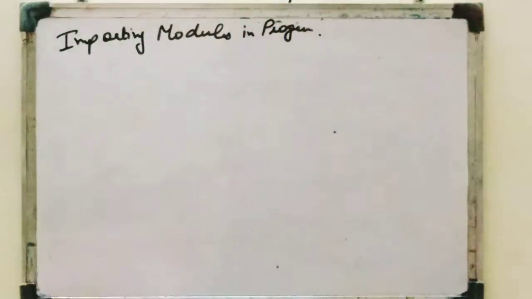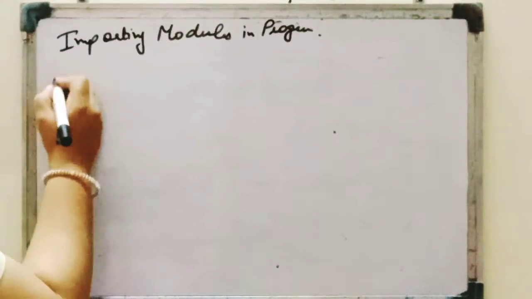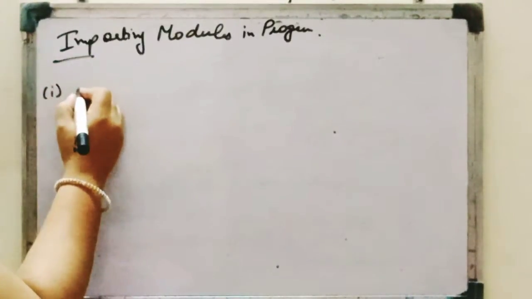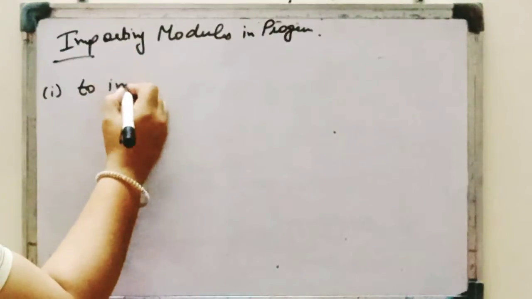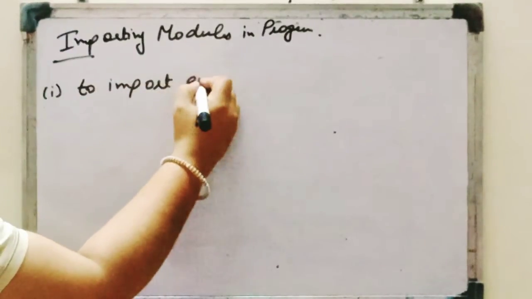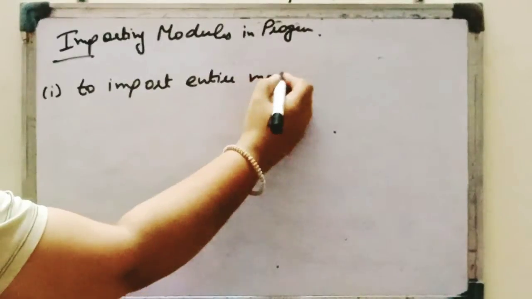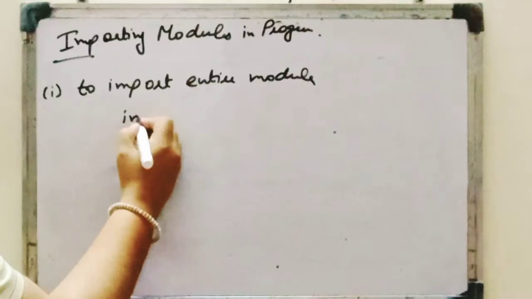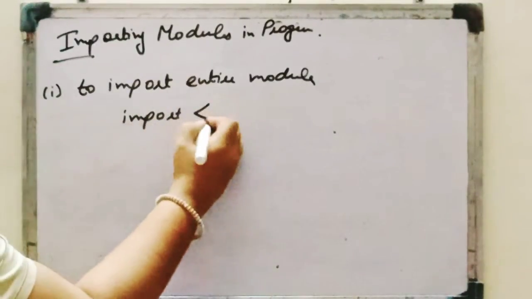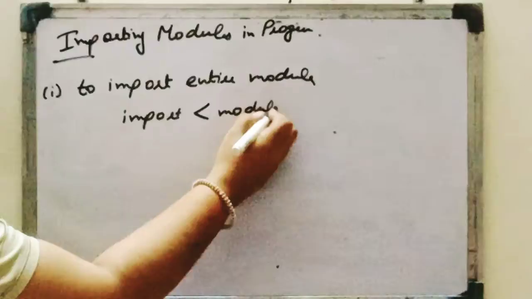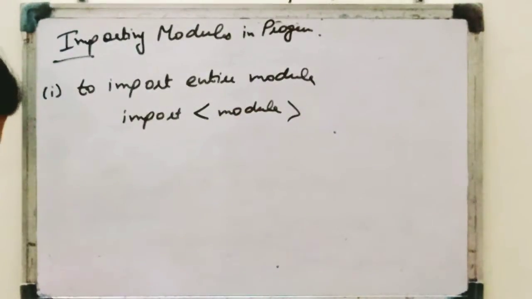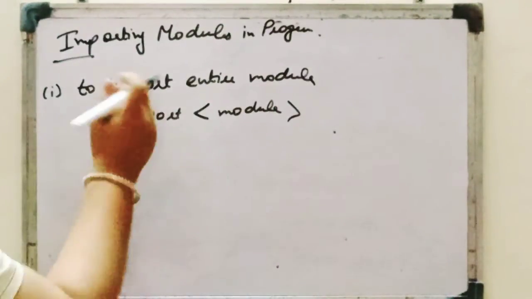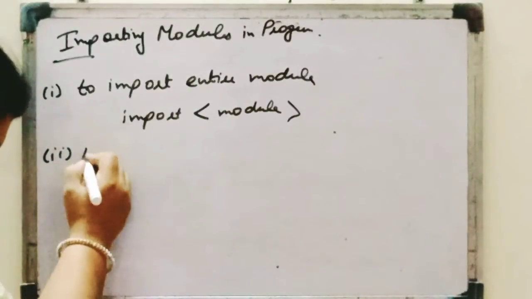So we have two ways to import a module. The very first is to import the entire module. So when I want to import the entire module, what is the syntax for that? Just write import and then the module name, whatever module you want to import. Import and module name.